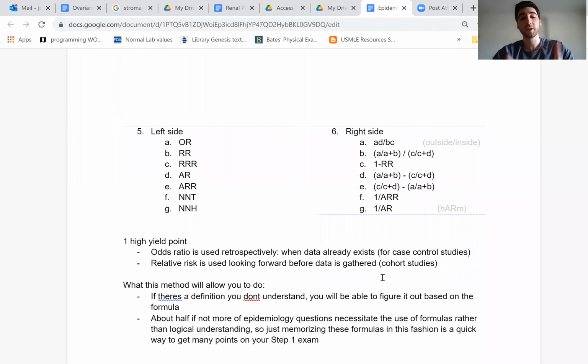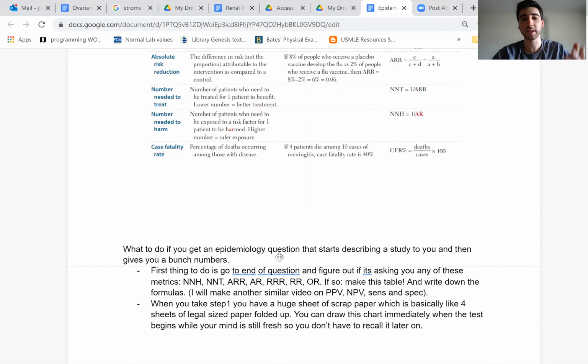And before we do that, there's actually one more high yield point that I encountered on my rotations recently. We were doing a practice question with the residents, and the practice question was about epidemiology, and it was asking what kind of test you would use for a certain study. Odds ratio and relative risk are really similar, and give you really similar numbers in terms of logically what they mean.